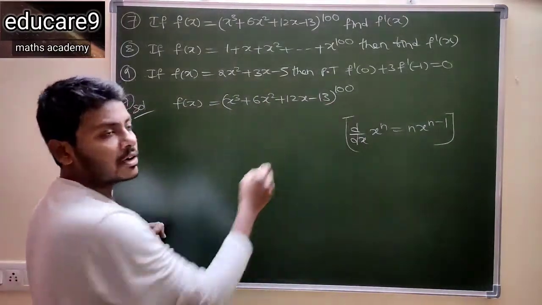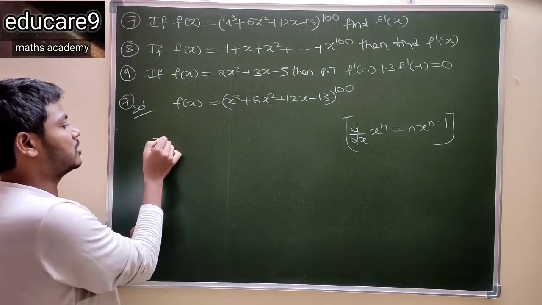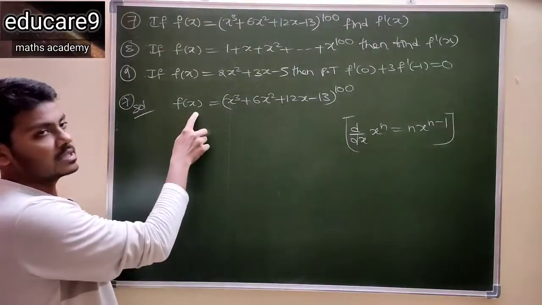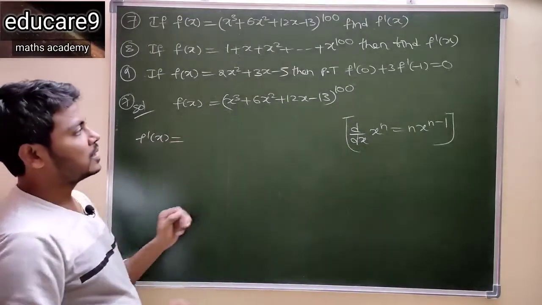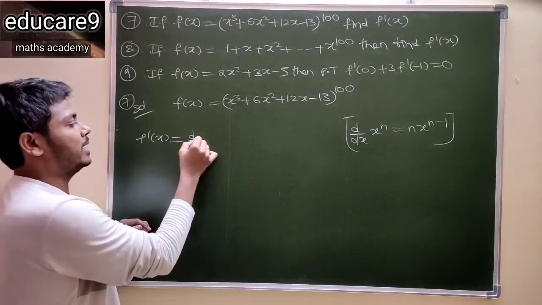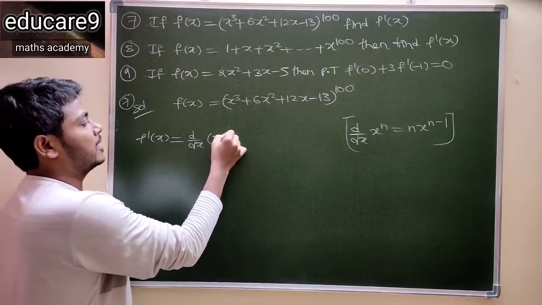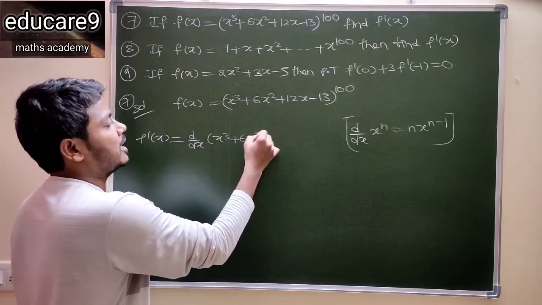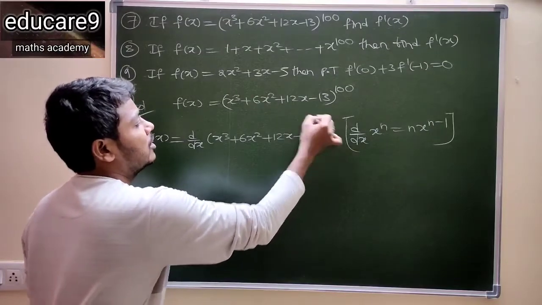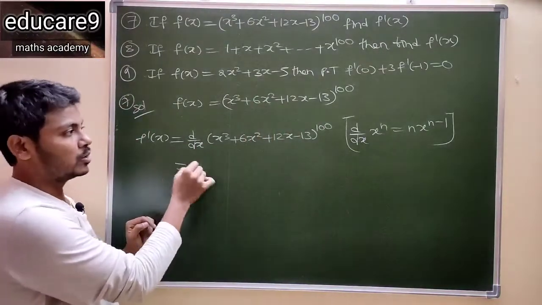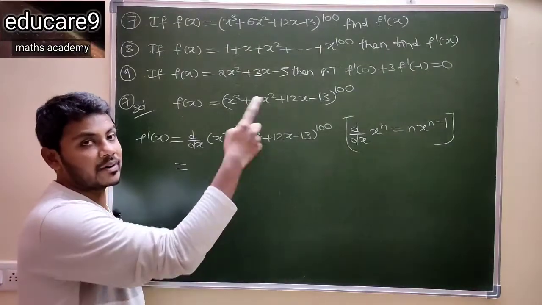So what is n here? 100. So f dash of x is equal to d by dx of (x cube plus 6x square plus 12x minus 13) whole to the power of 100. How to write? n into x power n minus 1.